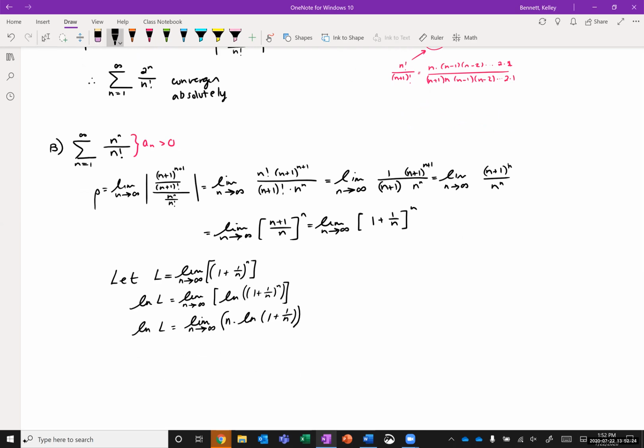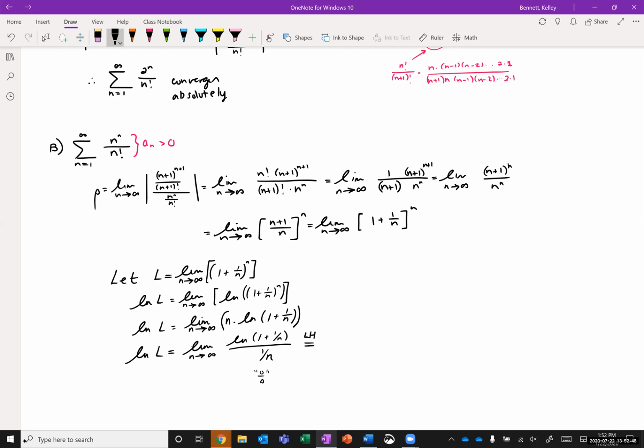So what we want to do is further rearrange it so that we have 0 over 0. So now I can apply L'Hopital's rule, right? Because this is 0 over 0.